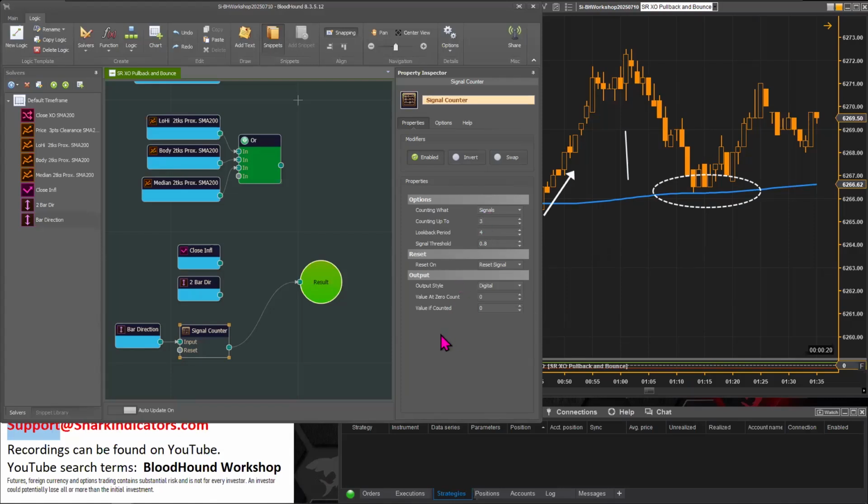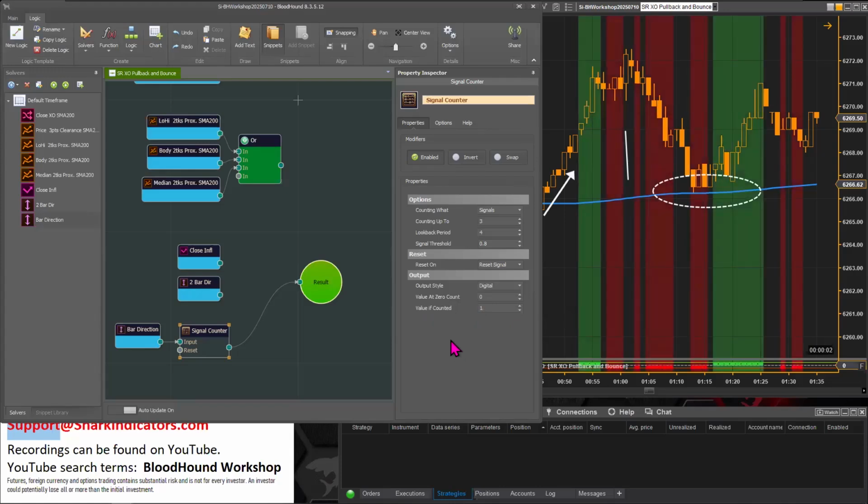And for the signal counter, remember you have to turn the outputs on here. So we're going to use the value if counted here, like so. So turn that on.